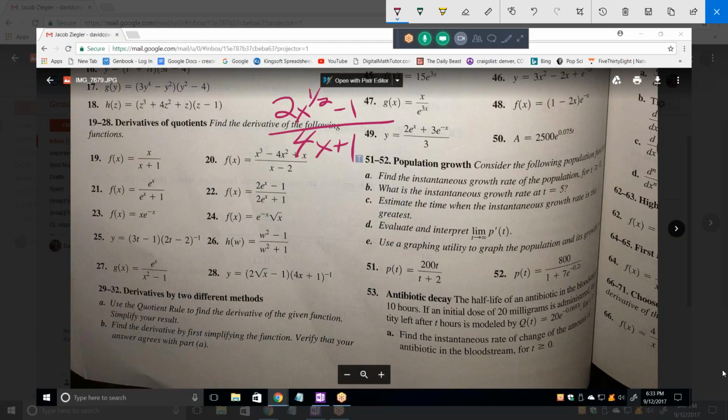So I would go with, always start with the bottom. That is so simple. Just always start with the bottom. Okay, 4x plus 1 times, no, just times x to the negative 1/2 power.